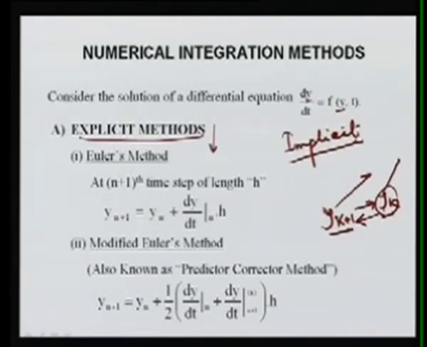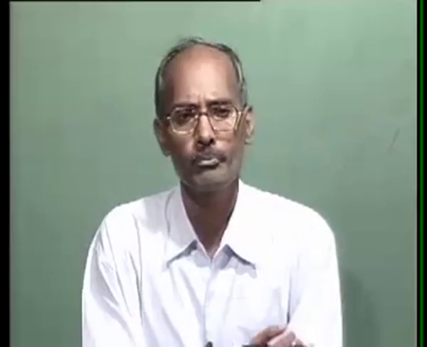To see this, first the explicit method, as I said, is Euler's method. Here, this function we want to solve. We can write this as y dot is equal to some function of y and t. Here y can be a vector, a set of variables, it may be y1, y2, y3, and so forth, of n variables.